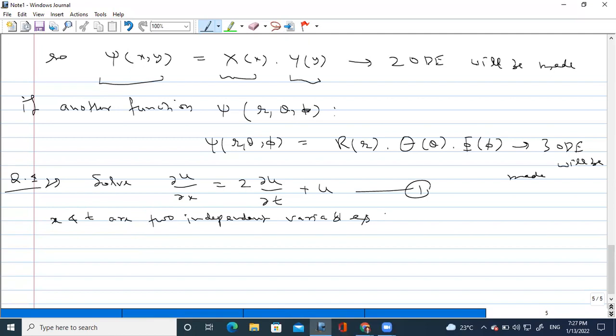Okay, so first thing is that, here some boundary condition is also given. Condition is u(x, 0) is equal to 6 e to the power minus 3x. So it means (x, 0) means this condition is at t equal to 0. This is the meaning of that. Okay, so note down this.